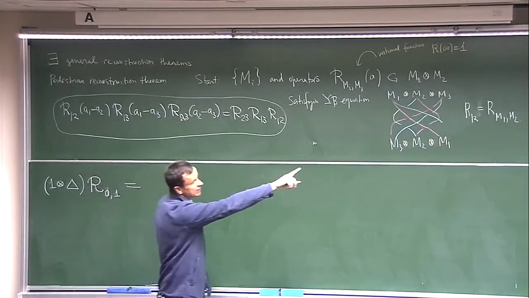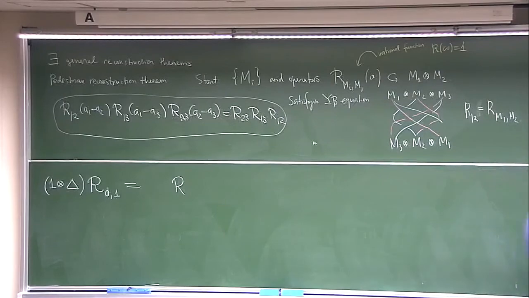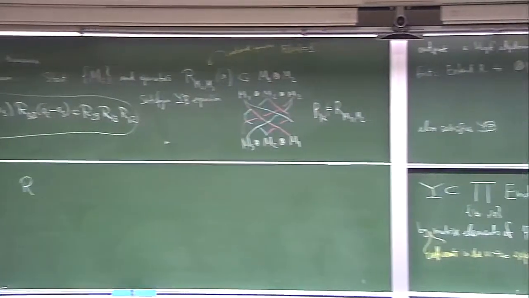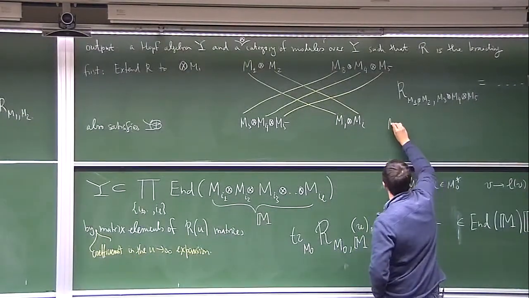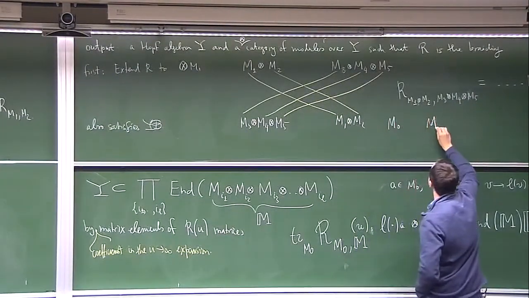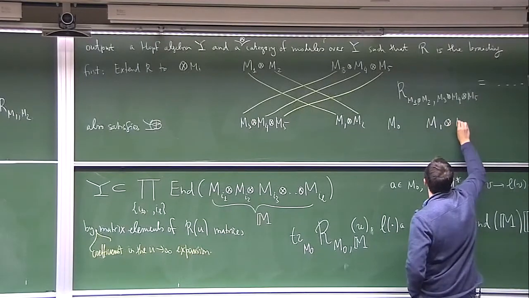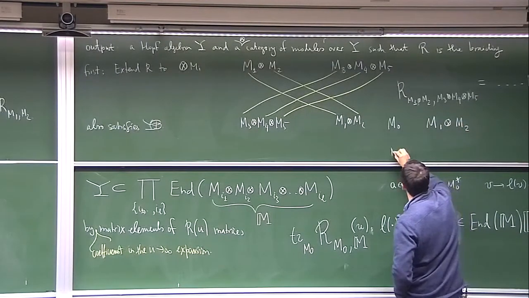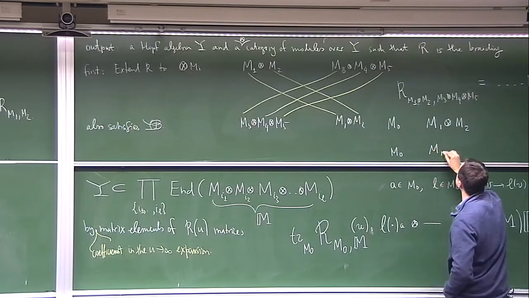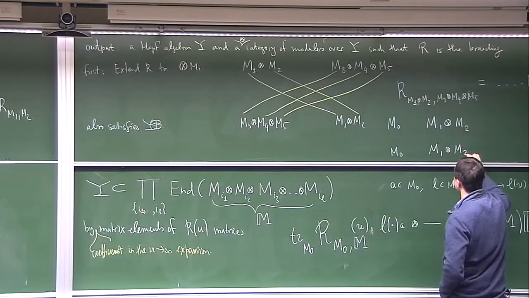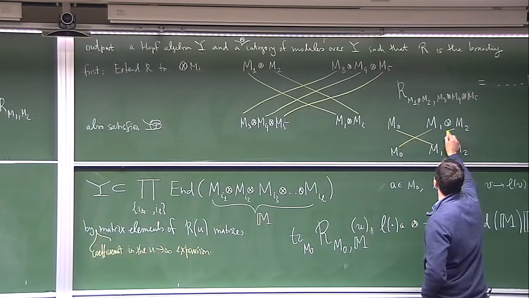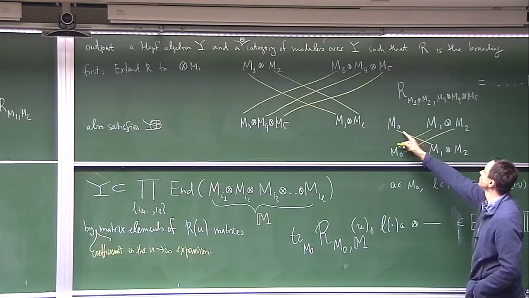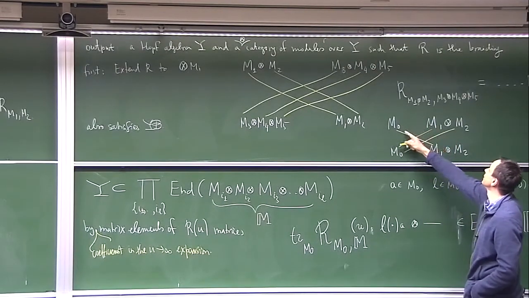By the scheme, if I now act in the tensor product of two things, here's my M0, and now a tensor product of two things, this means I first have to braid M0 with M1 and then M0 with M2.